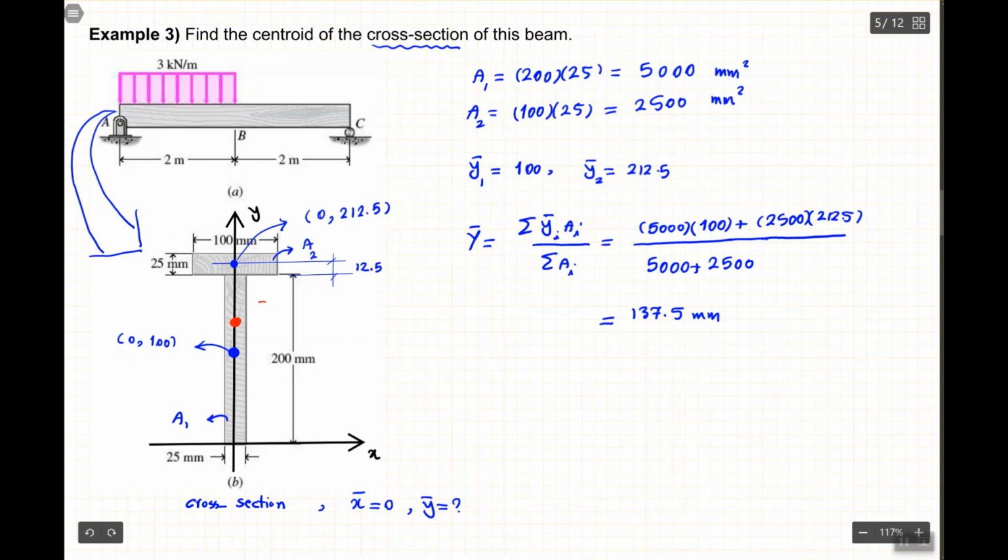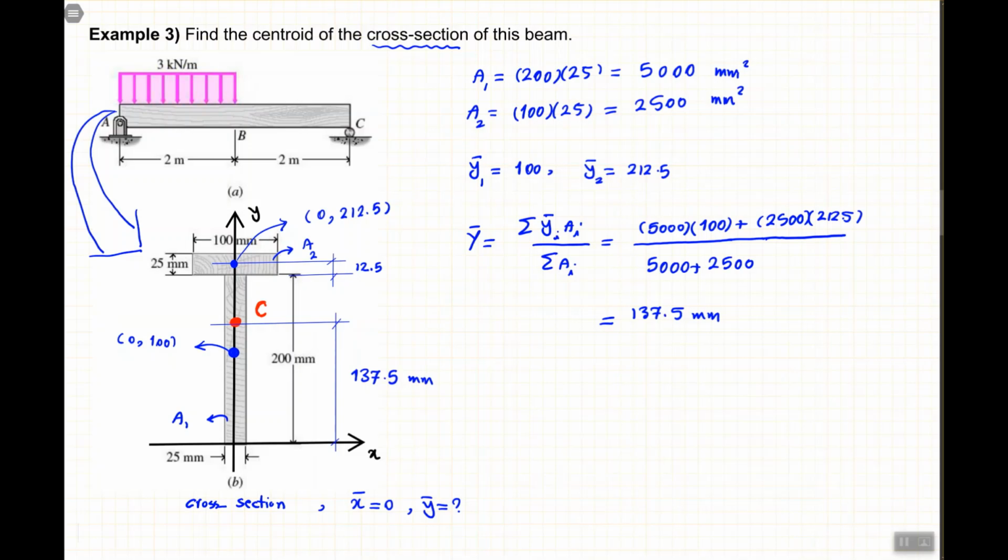So that's the centroid of the whole area, a little bit higher than the centroid of the first area, by this distance. It's basically 137.5 millimeters.